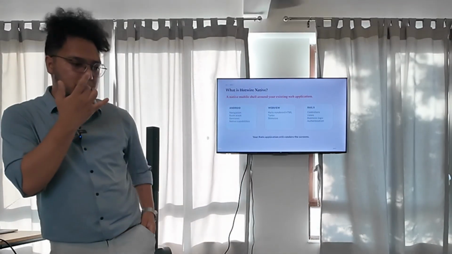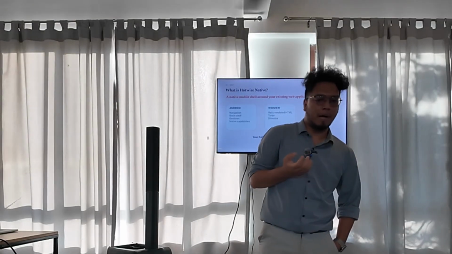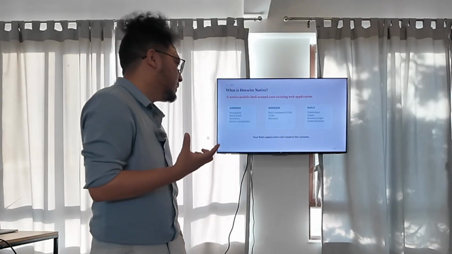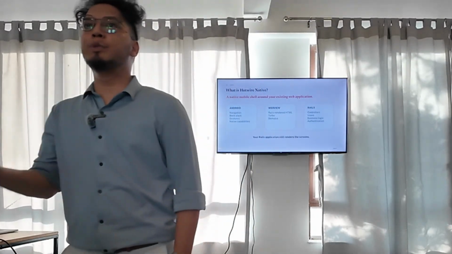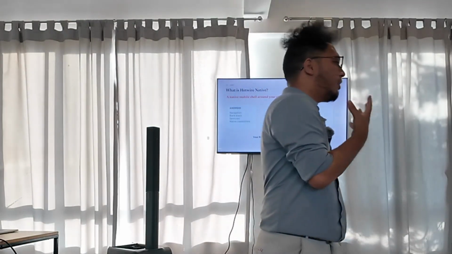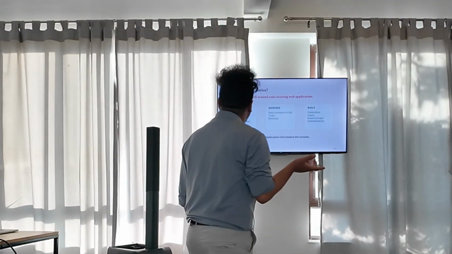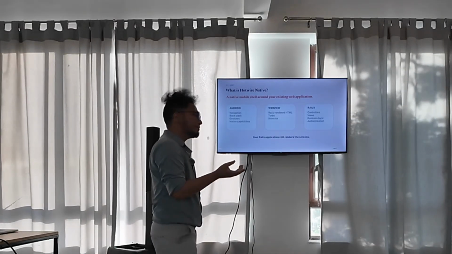For example, let's say I want to build an application with native features where I can use biometrics or the camera, but by default a web application cannot do that. That's why we need native functionality that can access features on your device. To overcome that, Hotwire Native is the thing.